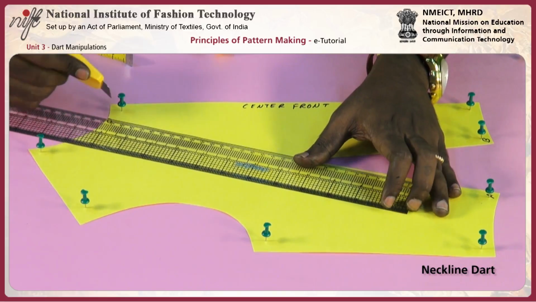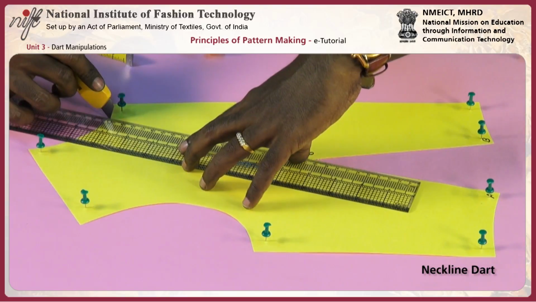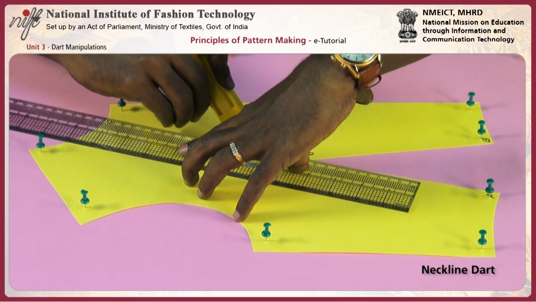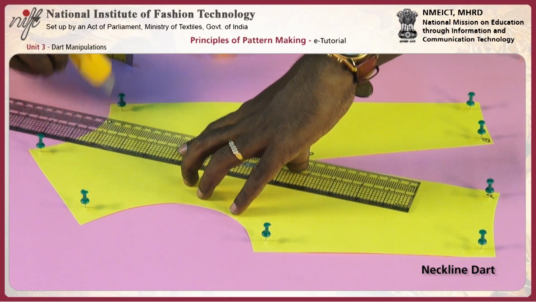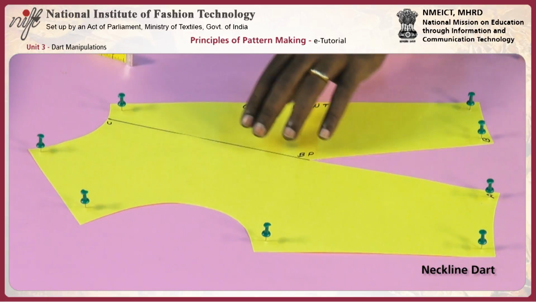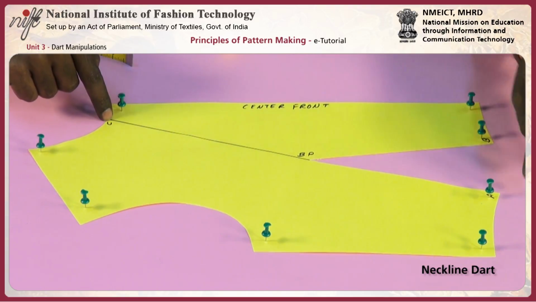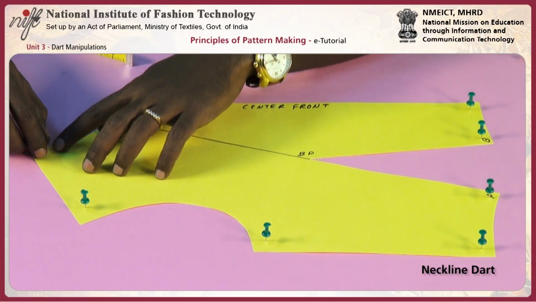Slash the line. Now by closing A to B, we are going to open C, thus make neckline dot.